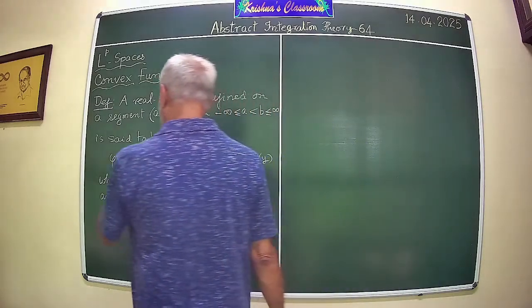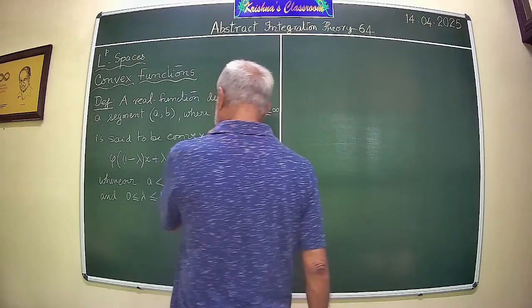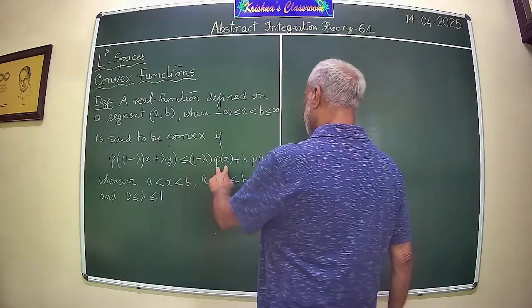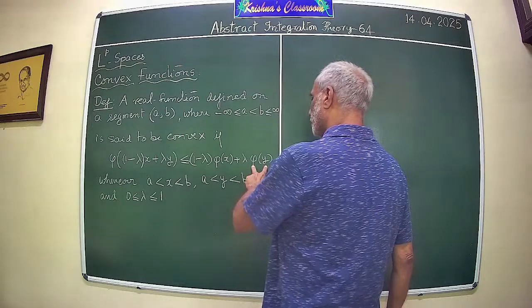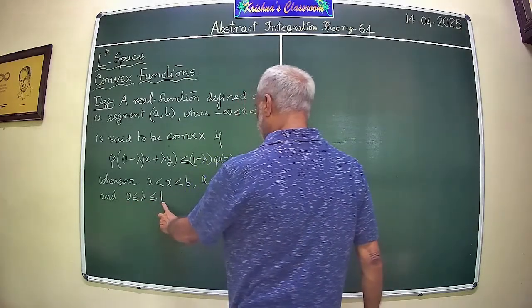So the evaluation of phi at 1 minus lambda times x plus lambda y is less than or equal to 1 minus lambda times phi of x plus lambda times phi of y, where lambda lies between 0 and 1.